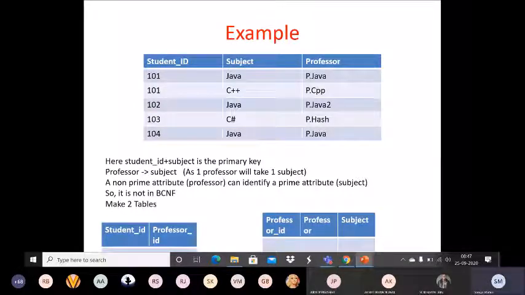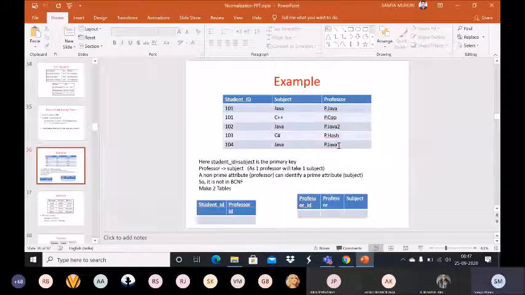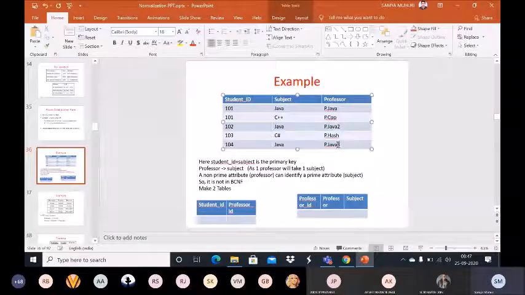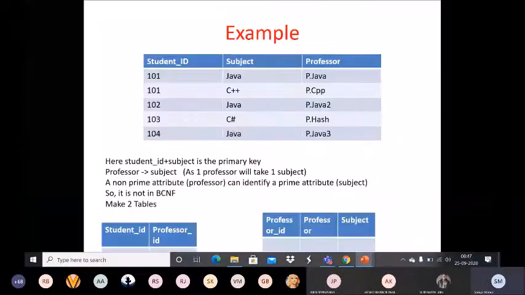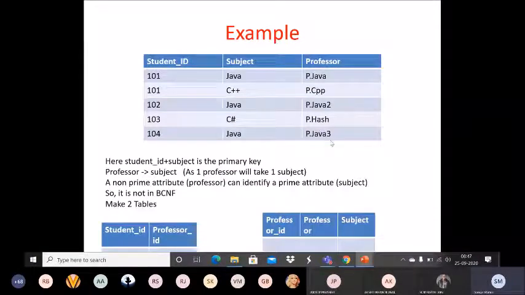Okay, so there is a mistake. Wait, it should be Professor Java 3. Okay, now it will work. Sorry, it's my mistake. So his name should be Professor Java 3, because Java is taken by 3 faculties.